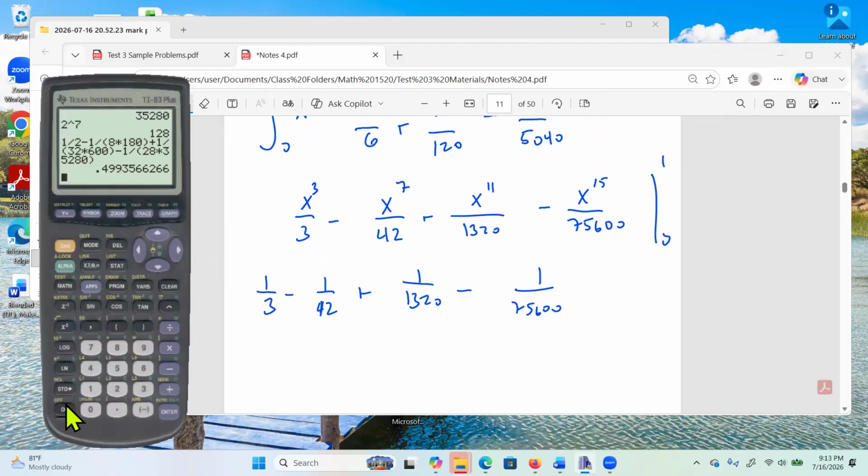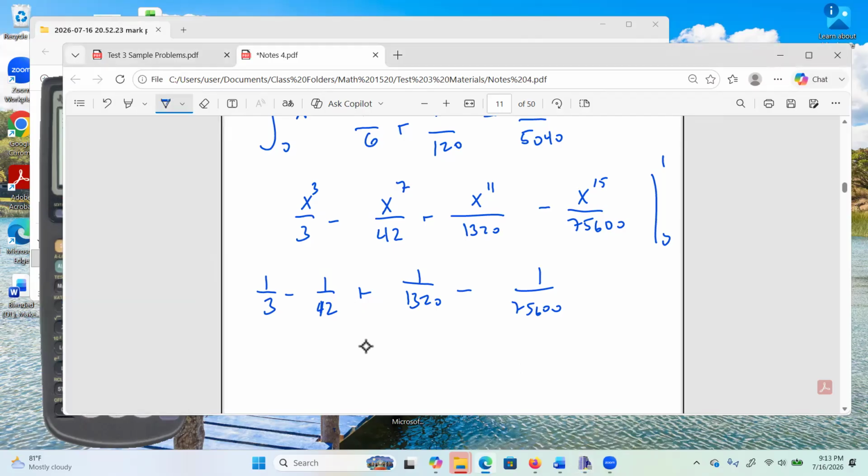We're just going to calculate that out here. That's not going to be too bad. So we just have 1 divided by 3 minus 1 divided by 42 plus 1 divided by 1320 minus 1 divided by 75,600. Let's go ahead and plug that in. I got 0.310149.